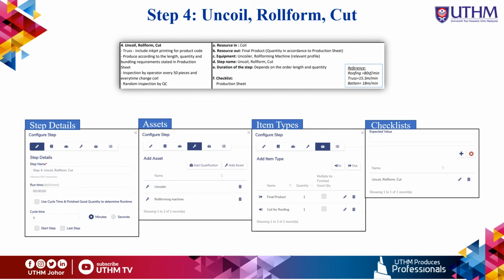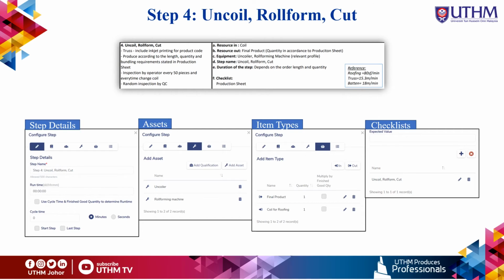Inspection by the operator is done every 50 pieces and every time the coil is changed. Random inspection by QC also has to be done. Resource in is coil, resource out is final product, and the equipment we use is the uncoiler and roll forming machine. The duration depends on the order length and quantity.